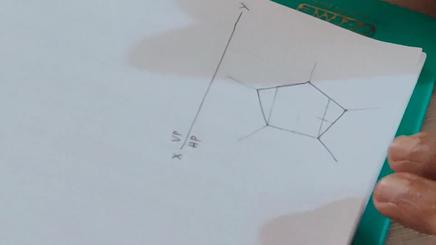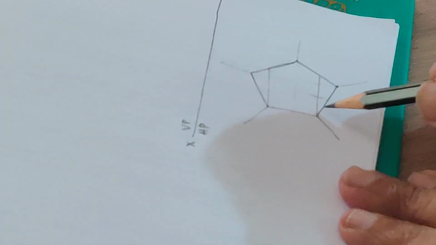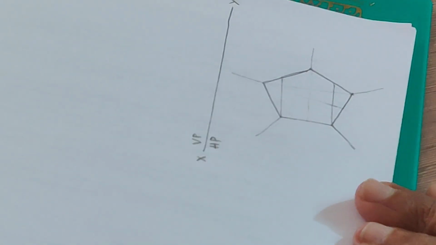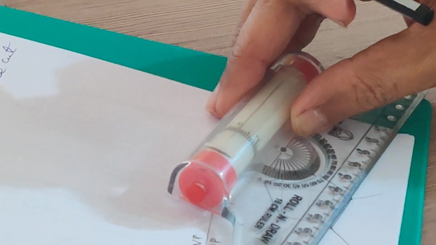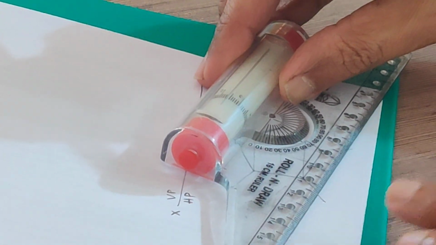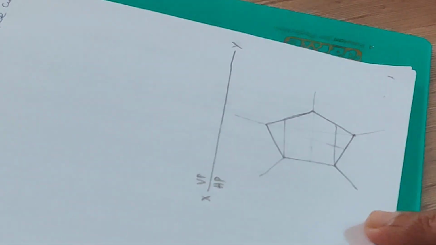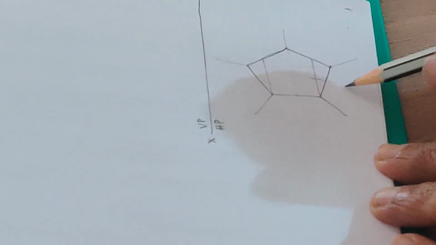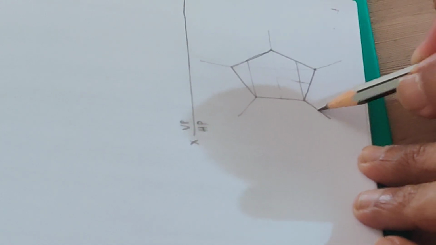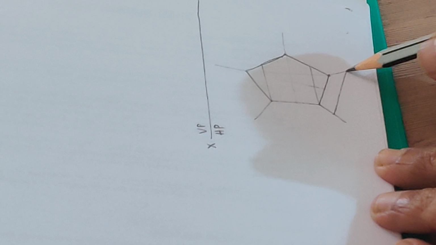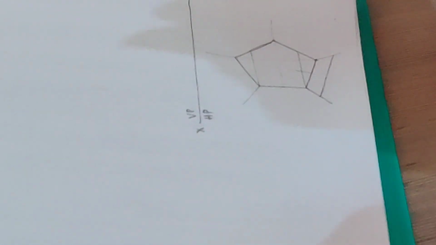This should have 30 mm side. So adjust your scale parallel to this line and then just move out like this. Just coincide your scale with this, just move out. Once you get the distance between these two lines 30 mm, stop there and draw the line. Okay, this side has to come as 30 mm. That's how you have to adjust.